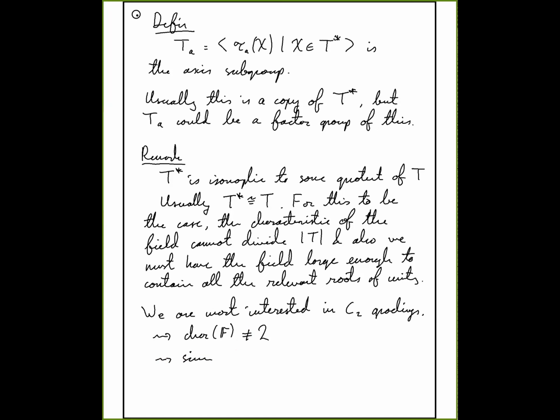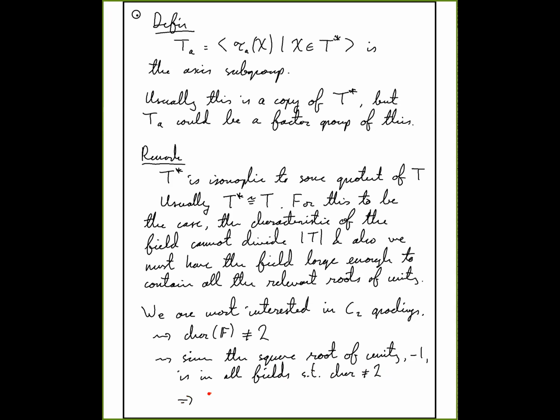Since 1 is in all fields, we just need to think about -1. Maybe let me be explicit here. Since the square root of unity, -1, is in all fields such that the characteristic does not equal 2, provided we have this, this is going to imply that T star is actually isomorphic to T. So in this case that we're most interested in here, we just don't want to consider characteristic 2.